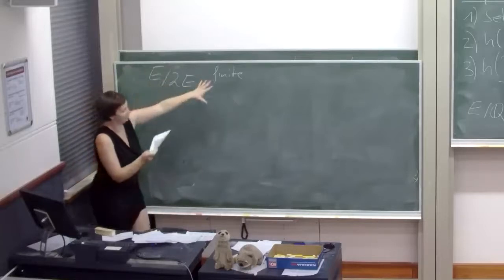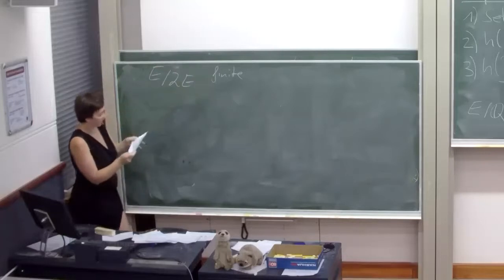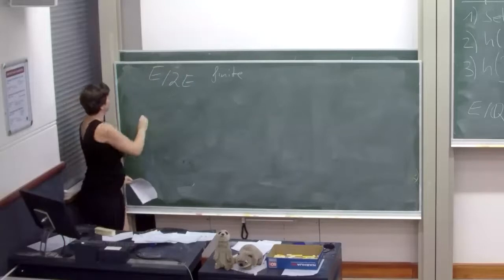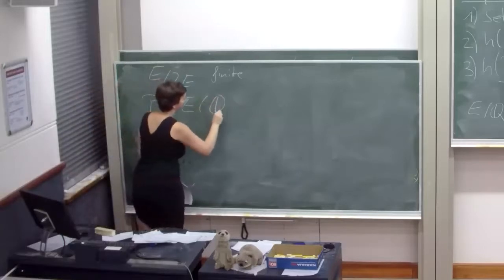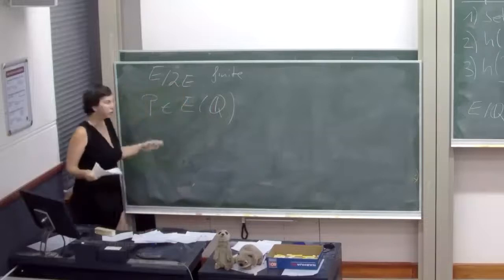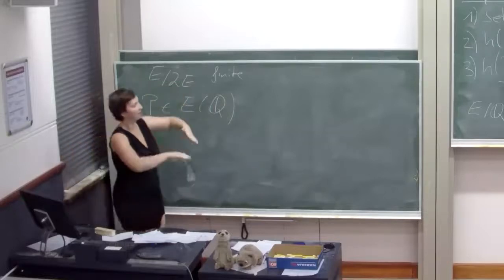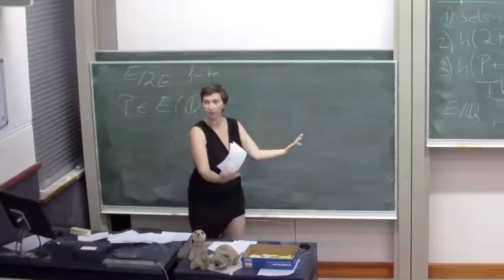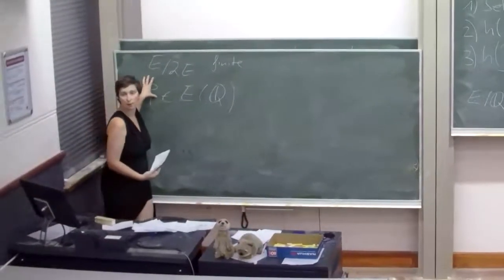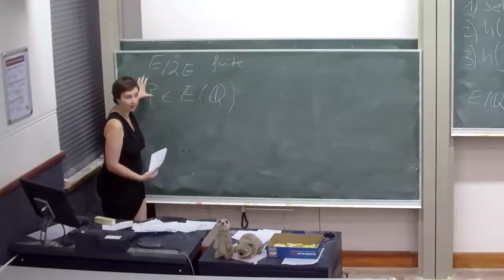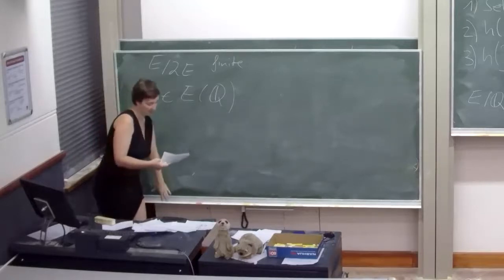So we just take it for granted that this is finite, and so we take any point on the elliptic curve, and we want to show that we can find a finite set of points on the curve such that we can represent this point as a linear combination of those points.